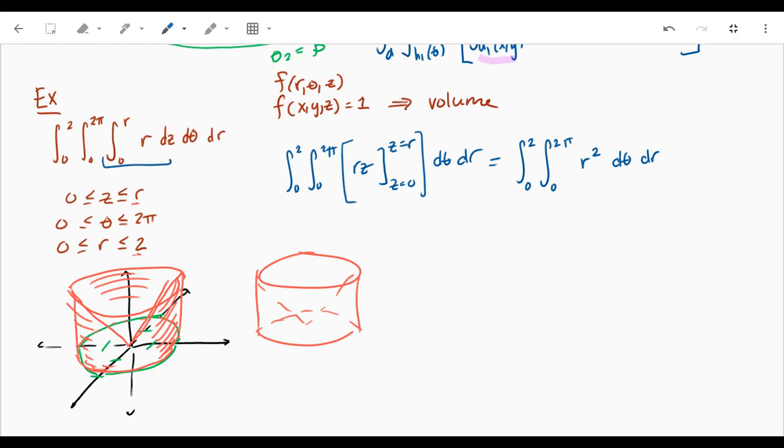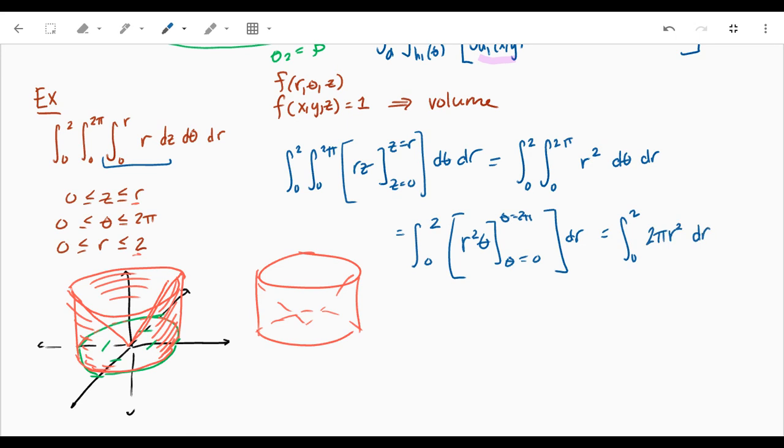Now integrate that with respect to theta. The theta being 0 doesn't affect anything, so we're going to have 2 pi r squared. The last thing we do is integrate with respect to r: 2 pi r cubed over 3 from r equals 0 to r equals 2. Another 0 in there makes it easy for us, so we'll have 16 pi over 3.